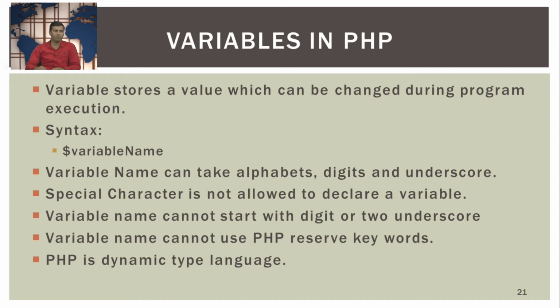And PHP is a dynamic type language. Dynamic type language means you do not need to define the data type when you define a variable. PHP will take the data type according to the value assigned to that particular variable. For example, if $a is assigned 15, at that time the data type of the variable is integer.